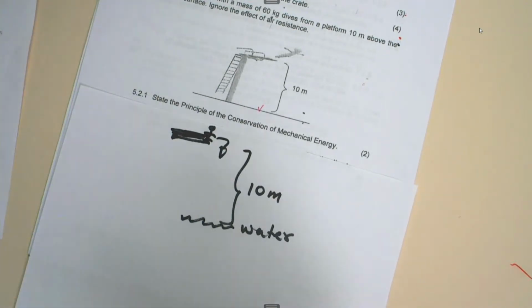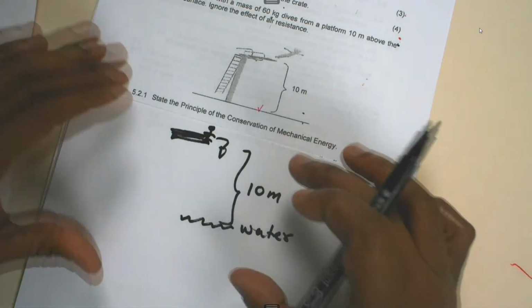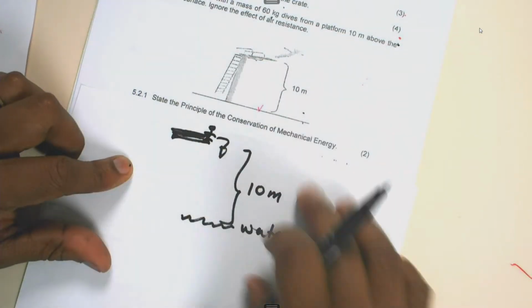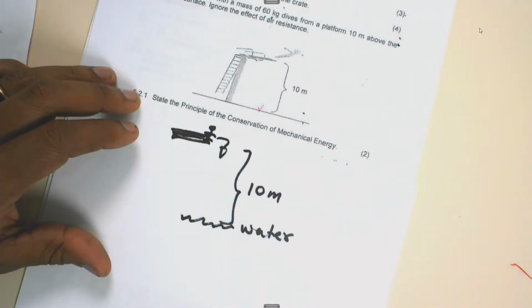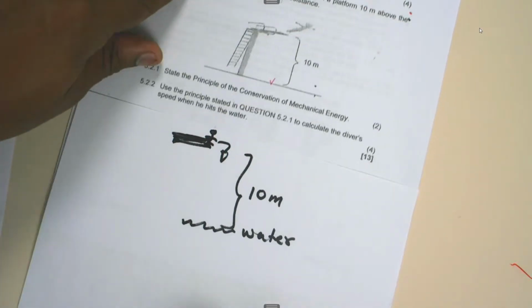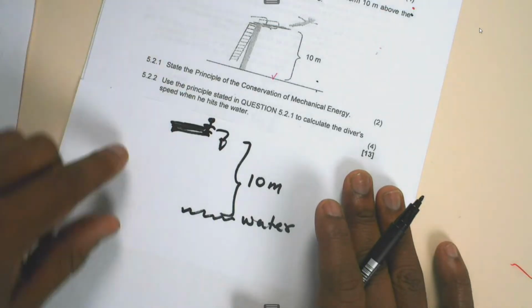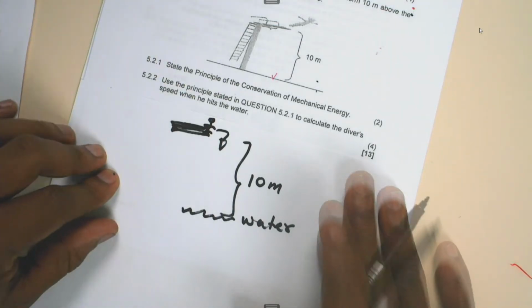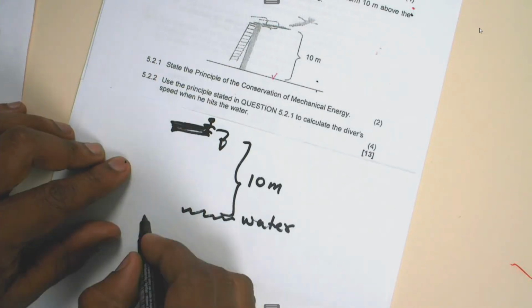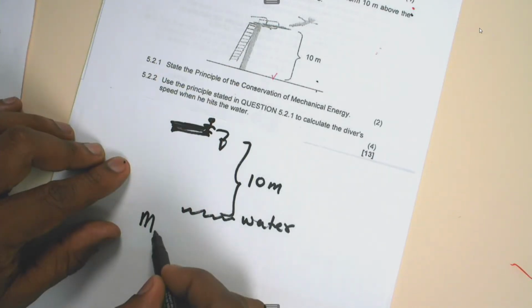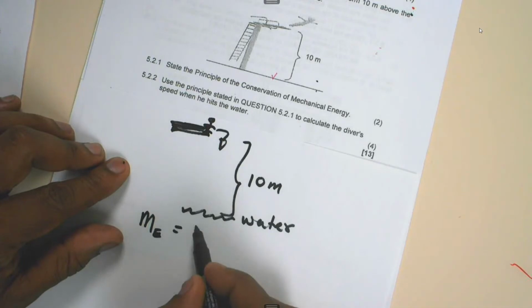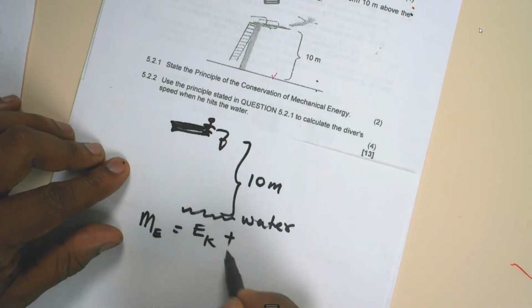So I need to assign each and every velocity here, or information given. But remember, I said I am deliberately going to make it wrong to show you that that is not the principle. So I am going to say mechanical energy is equal to EK plus EP.